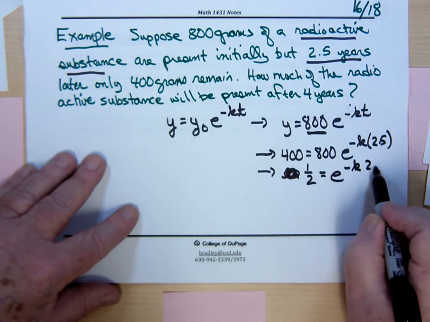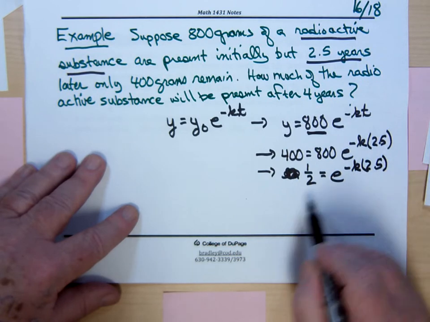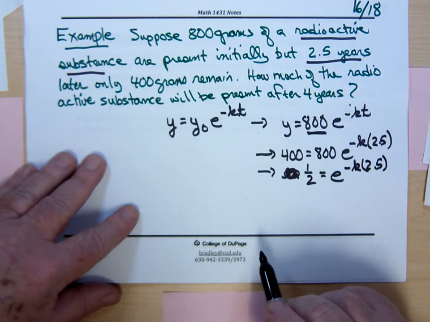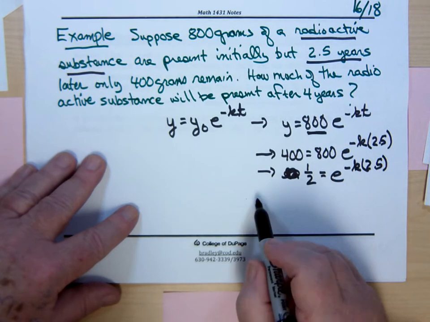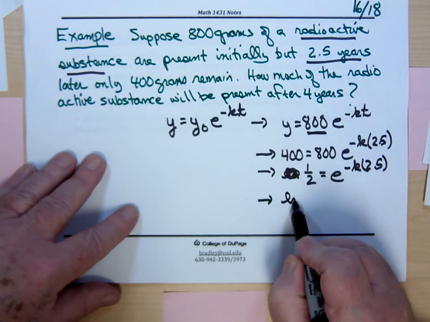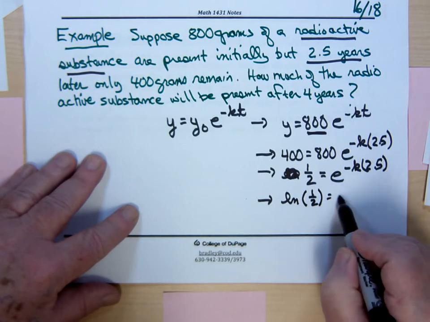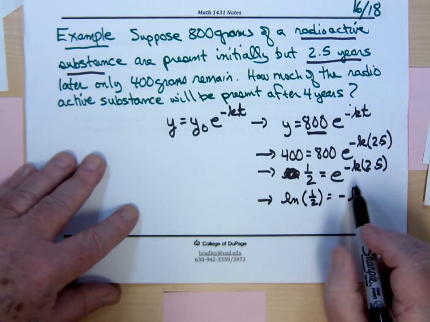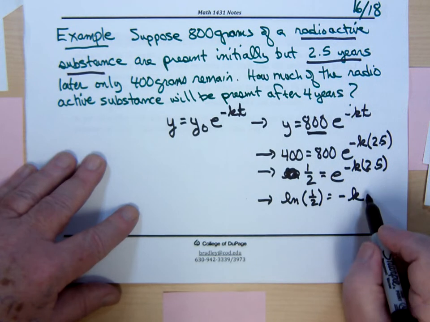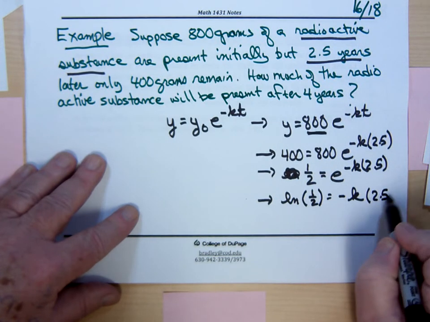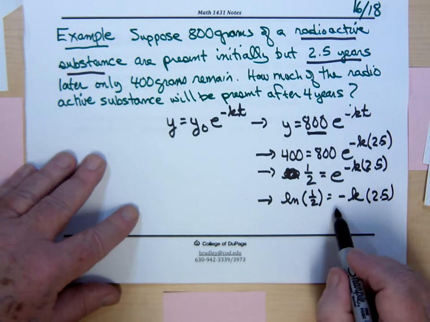Now we're going to take the natural logarithm of both sides, so the natural logarithm of 1/2 is going to be equal to minus k times 2.5. We're taking natural logarithms, so these are inverse functions of each other, so we can do that. So we end up being able to solve for k.